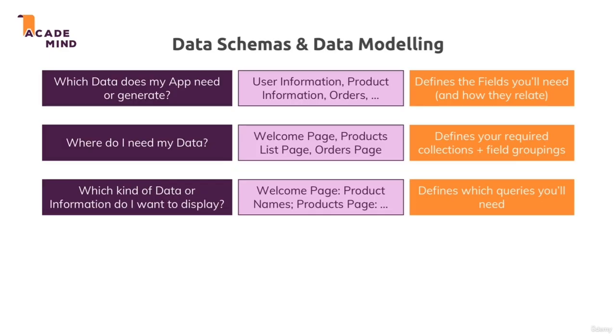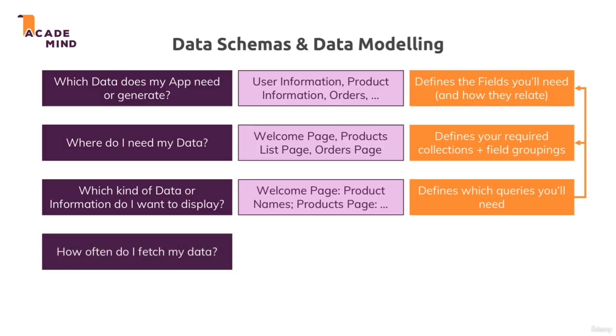These queries, or the kind of queries you plan, also have an impact on your collections and your document structure. Because as I already said, MongoDB really embraces that idea of planning your data structure based on the way you'll retrieve your data, so that you don't have to do complex joins, but that you can retrieve your data in the format, or almost in the format, you need it in your application.